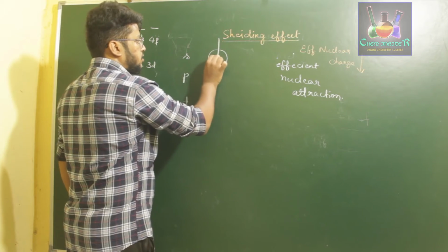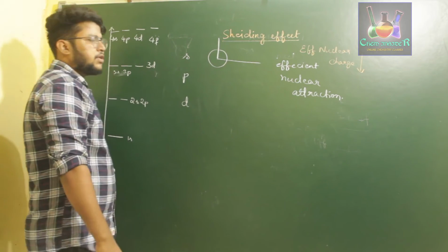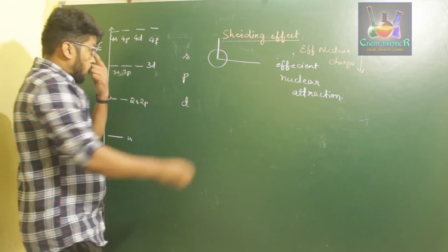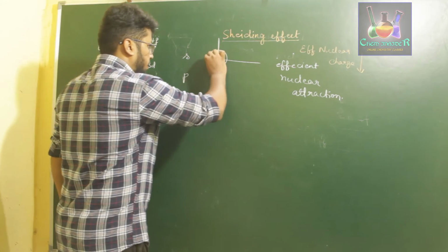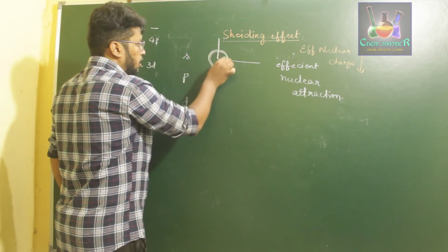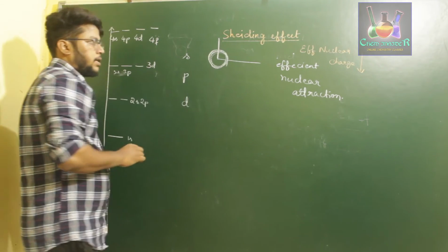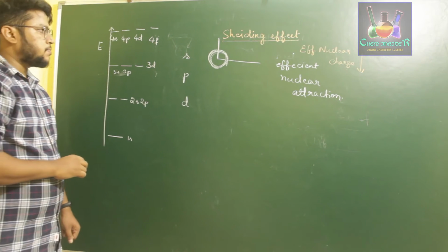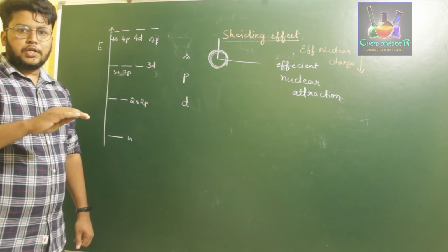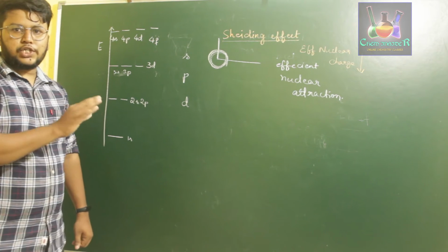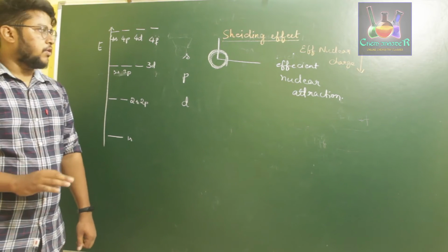If you consider this as the nucleus, electrons will be spread in a spherical manner around the nucleus in a 1s orbital. So the electrons present in the 1s orbital will be shared equally around the nucleus.